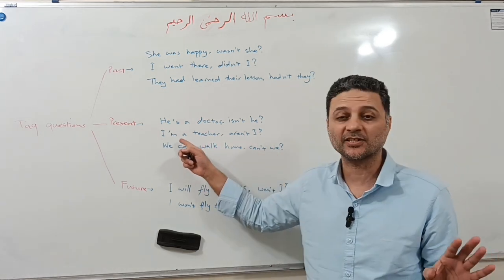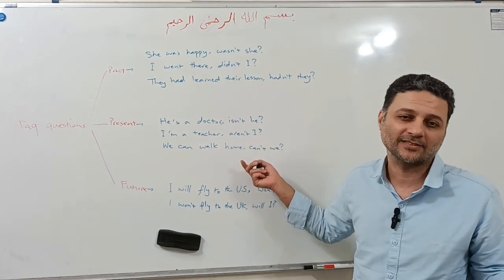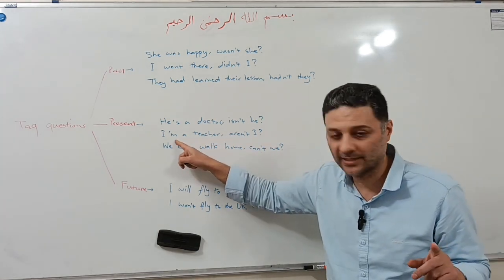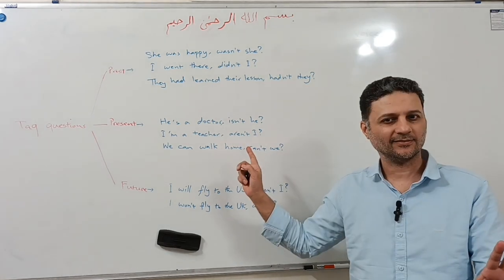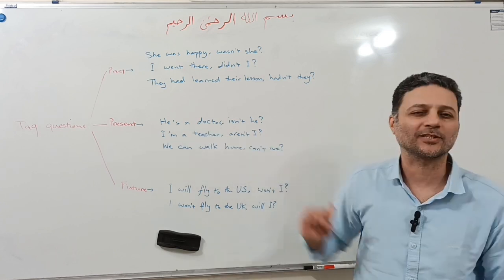So that's why I gave this example. I'm a teacher, aren't I? English people use aren't instead of amn't. Just like that. It's just an exception. This is the only exception we use in tag questions.